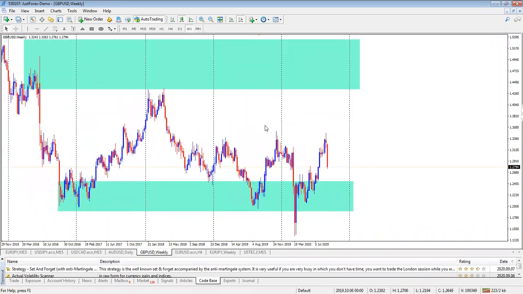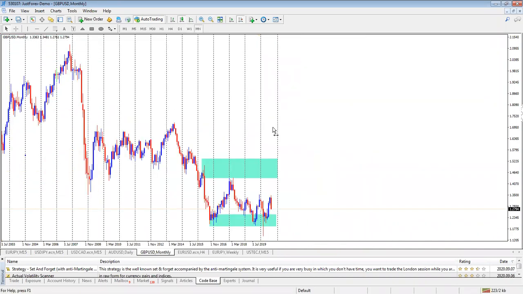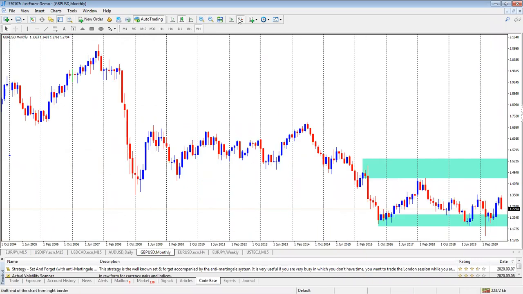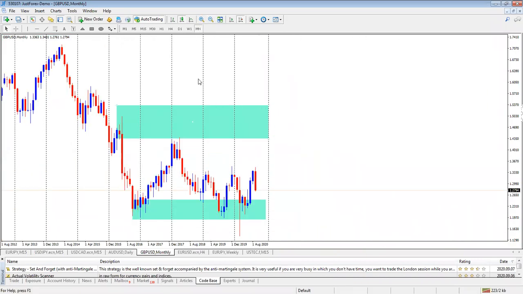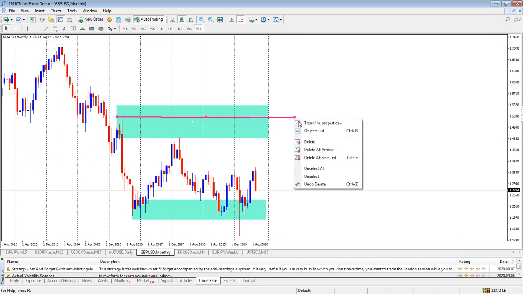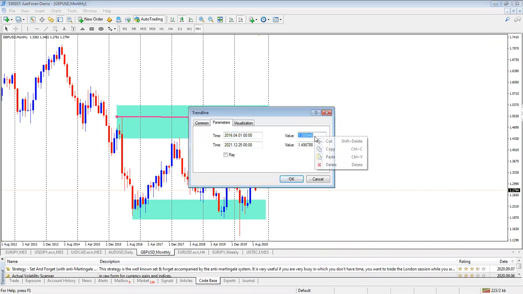So let me draw this supply and demand the exact way I draw it for myself, and make things look professional. What I do, I use a trend line. I want it to look neat and professional.